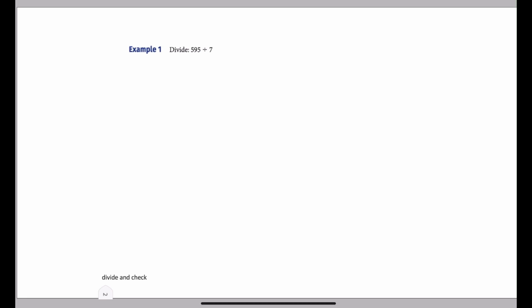And so just really quickly, let's think about this. 595, it's close to 600, divided by 7. If it were 600 divided by 6, it would go in 100 times. And so because 7's a little bigger than 6, it won't quite fit in as many times. So we're looking for an answer that's less than 100, but on the way to 100. It's going to be a big number, maybe around 80 or 90, around there.